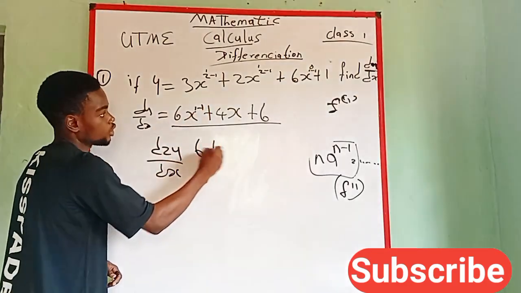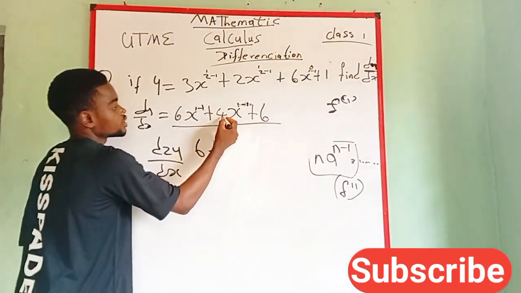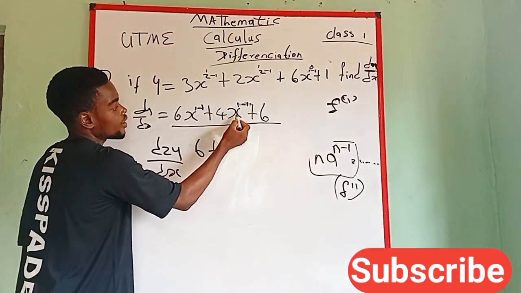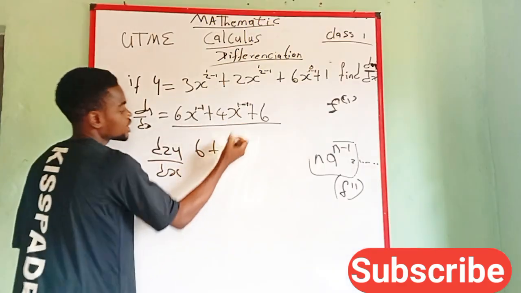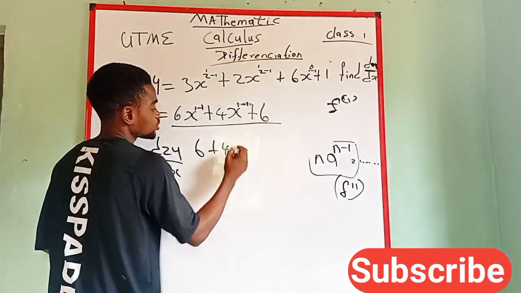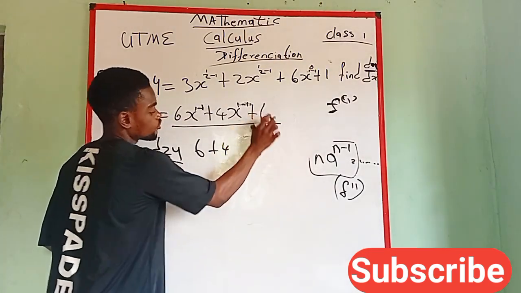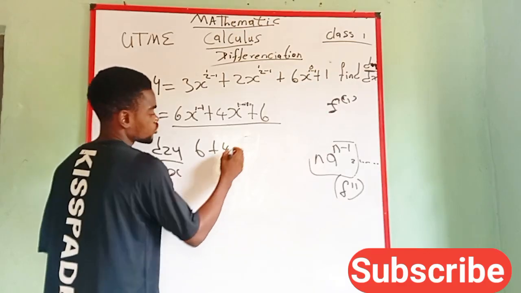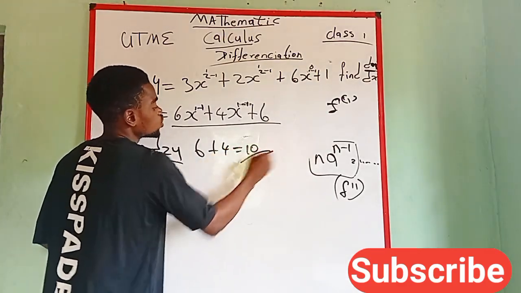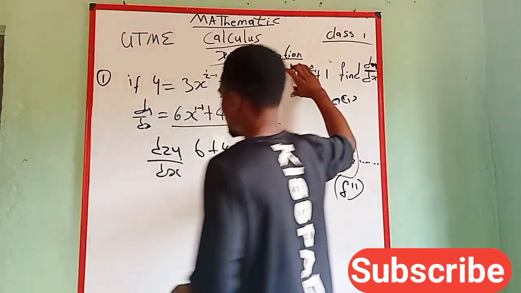What remains here is 6 plus, take away 1 from the invisible 1 is 0, x raised to the power 0 is 1. 6 multiplied by that 1 gives us 6. Then 4 multiplied by that 1 is going to give us 4. Any constant differentiation is equal to 0. Add this plus 0. 4 plus 6 is going to give us 10. So this is now the d2y over ds2 of this expression.